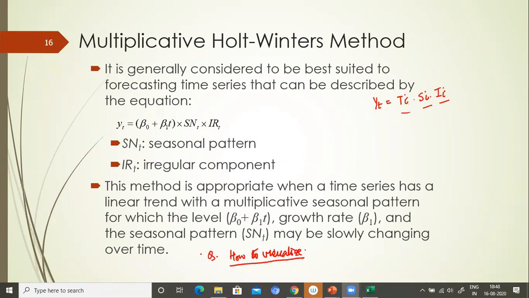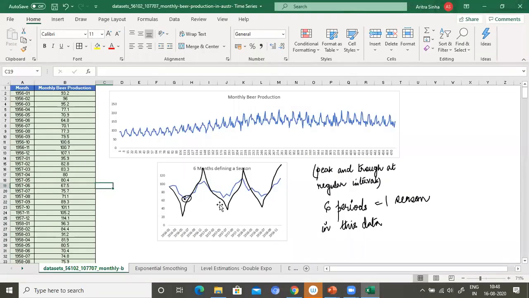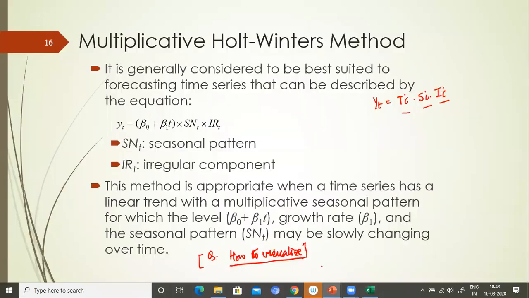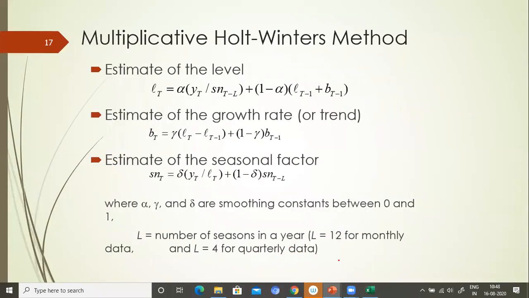At this point, I had the question coming from Kamal as to how to visualize the data, at which point we went to this Excel sheet and saw how to visualize. Okay, so moving on. Now, the estimate of the model will have a seasonal component to it.